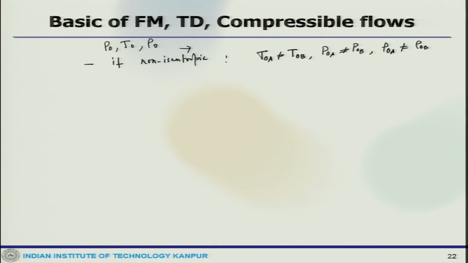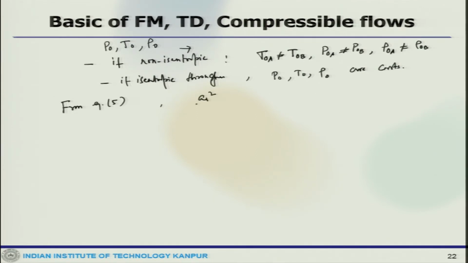Now, if the flow field is isentropic throughout, then P naught, T naught, rho naught, these are constants. Okay. So, then from equation 5, what we can write, A1 square by gamma minus 1 plus U1 square by 2 equals A2 square by gamma minus 1 plus U2 square by 2.